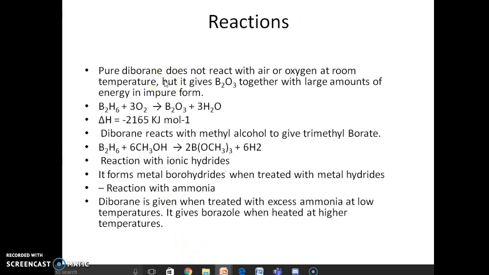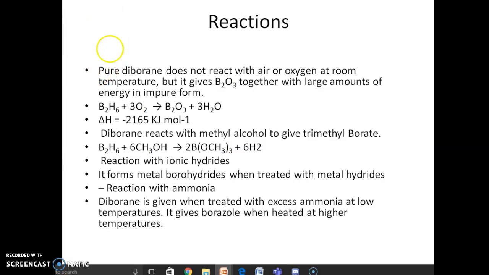If you take the chemical properties, usually pure diborane does not react with air or oxygen at room temperature, but in impure form it gives B2O3 together with a large amount of energy. B2H6 plus 3O2 gives B2O3 plus 3H2O.